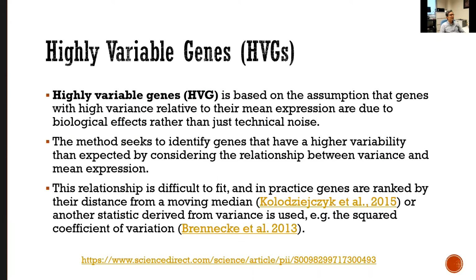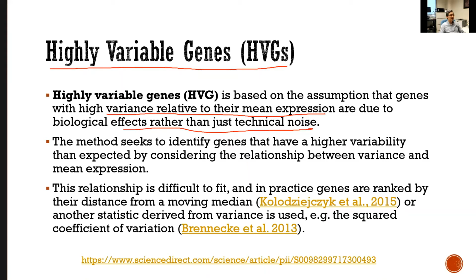So there's a concept called highly variable genes. It's what we are going to extract from the original expression matrix. Highly variable genes are based on the assumption that genes with a high variance relative to their mean expression are due to biological effects rather than just technical noise.